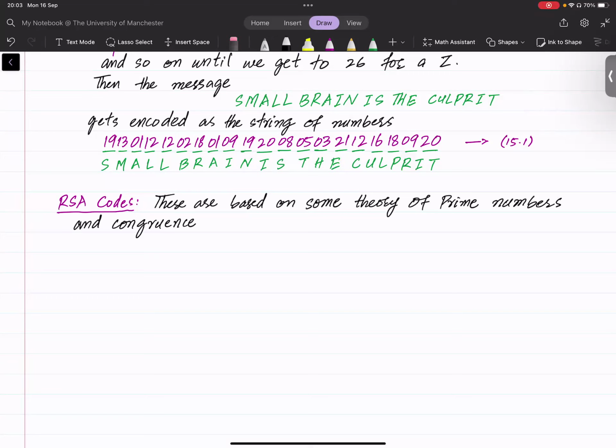We will explain these codes in the next few pages. But before going into the theory, let me explain the crucial fact that gives these codes their security.